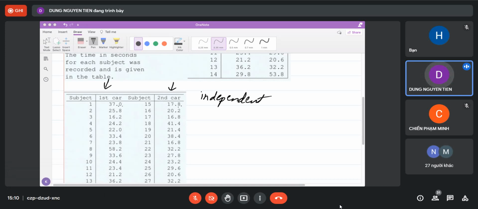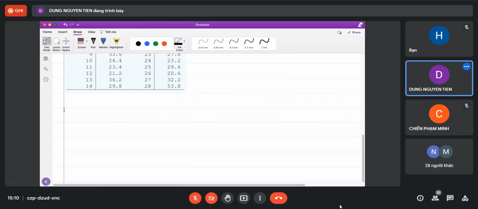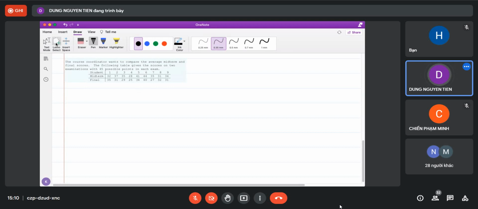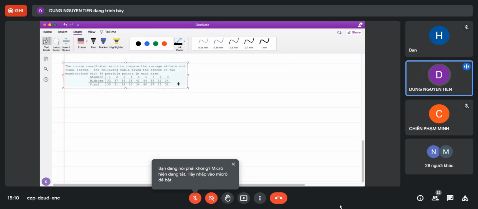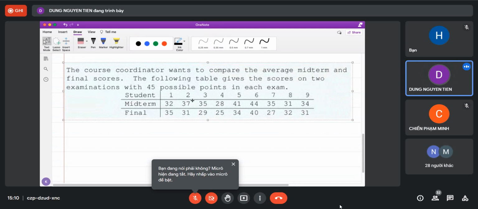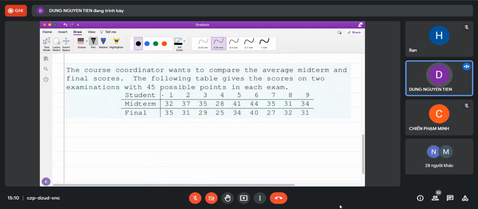Let's consider another example. Suppose the course coordinator wants to compare the average midterm and final scores, and you can get 9 students. For each student you can get his or her midterm score and final score.